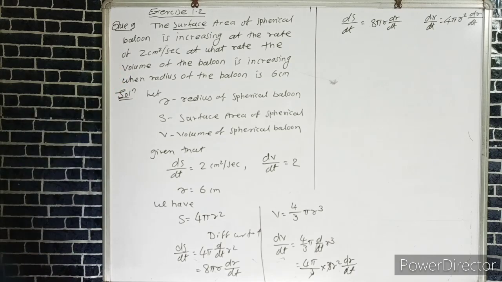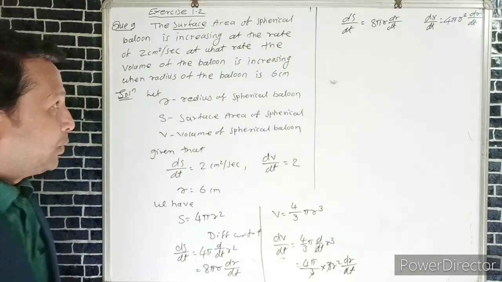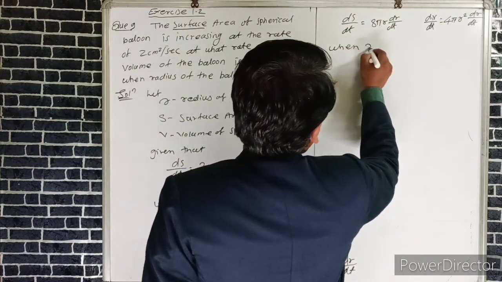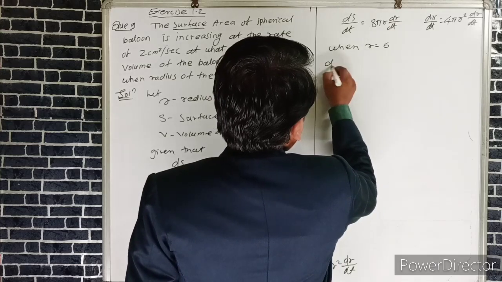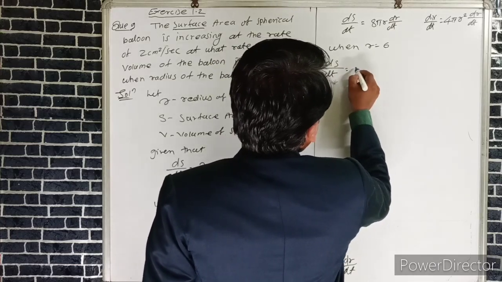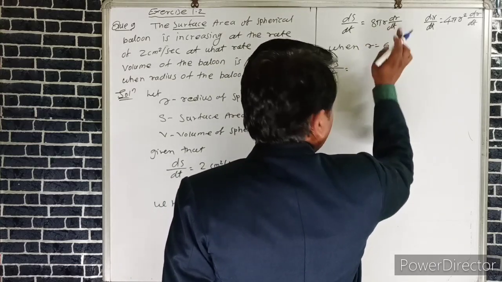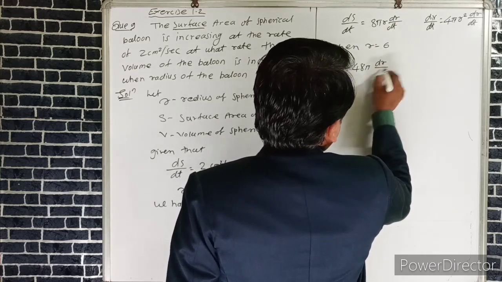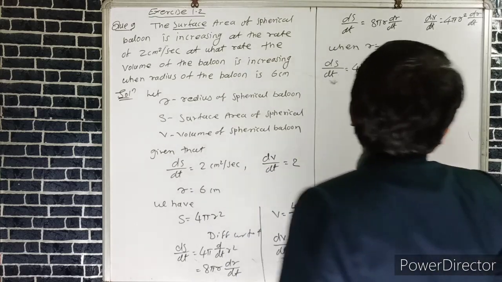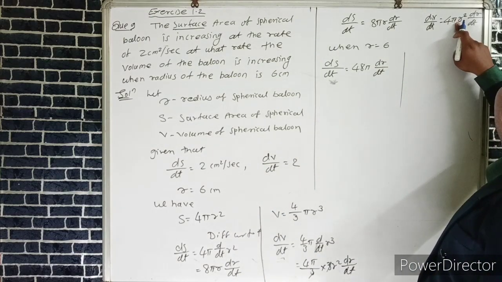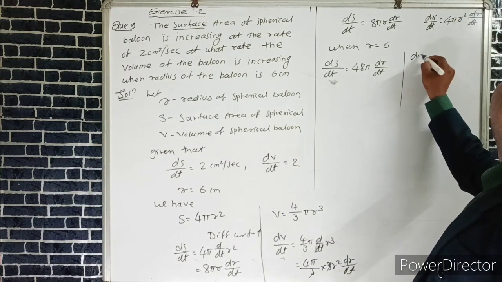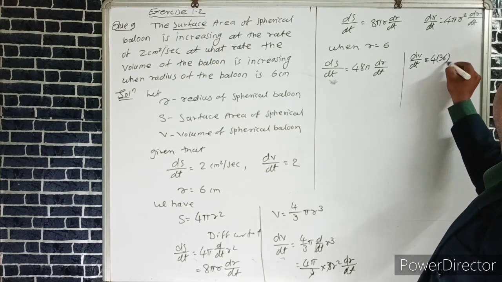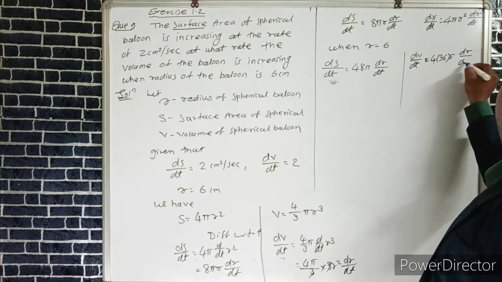If we substitute the value of radius, which is 6, we can write when r = 6, dS/dt = 8 into 6, which is 48π dr/dt. And 6 square is 36, so dV/dt = 4 into 36π dr/dt.